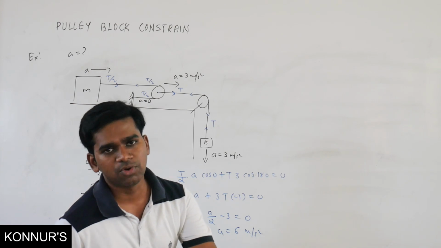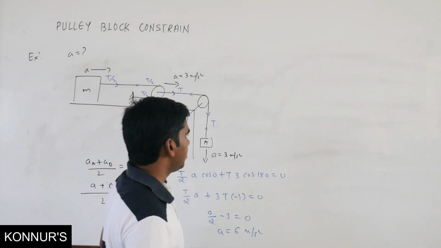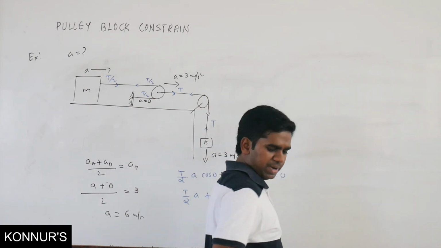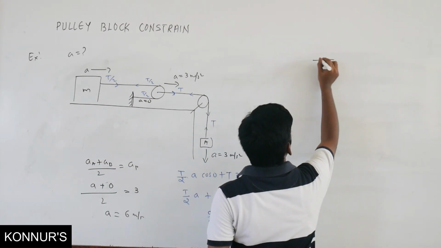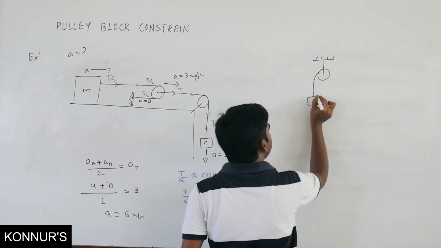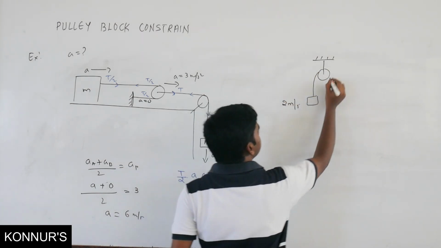Again I am telling, for complicated methods we can follow the tension method. Or take another example, suppose many masses are there. Suppose you have one pulley here moving with 2 meter per second velocity.